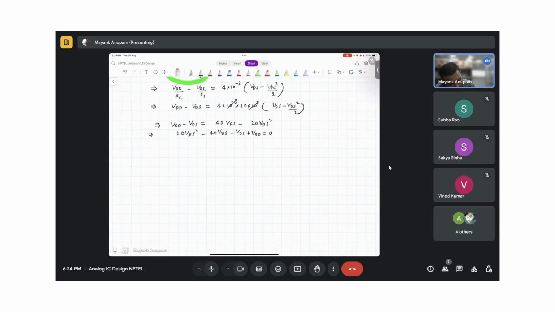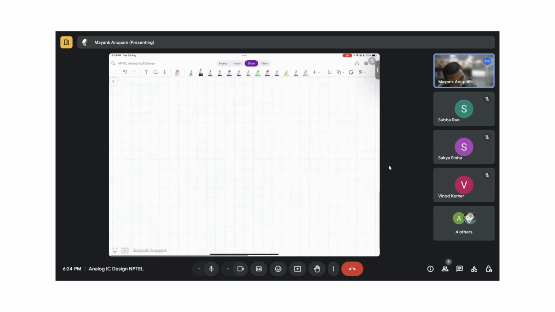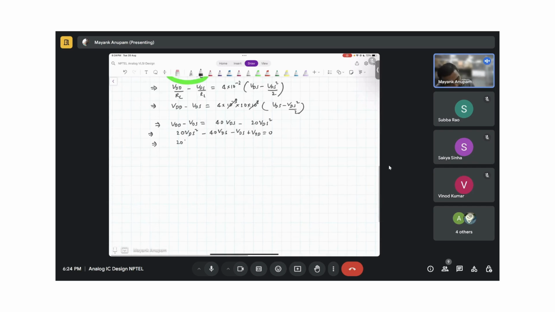And how much is VDD? VDD was equal to 10 volts. So 20 VDS square minus 41 VDS plus 10 is equal to 0.